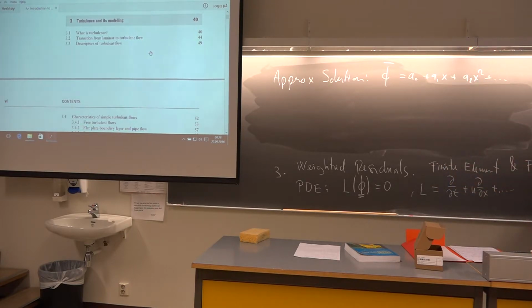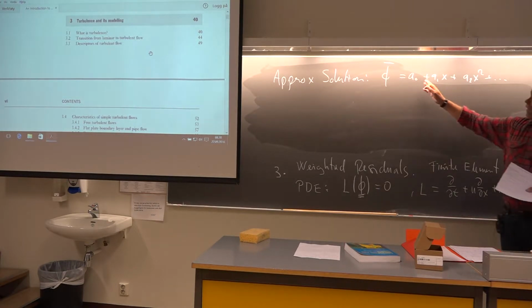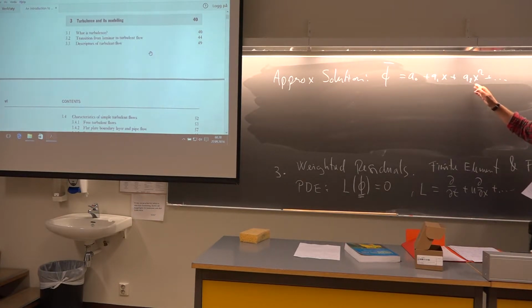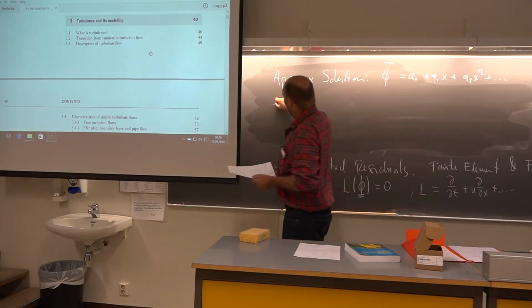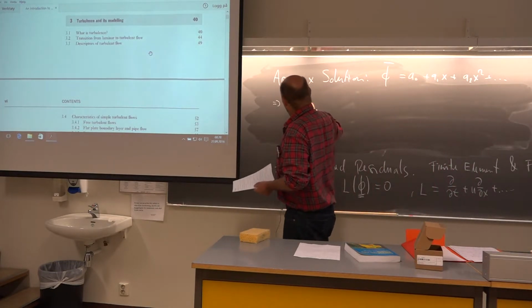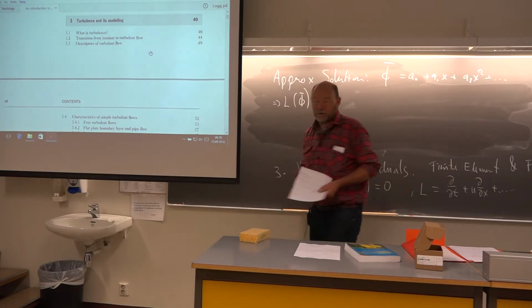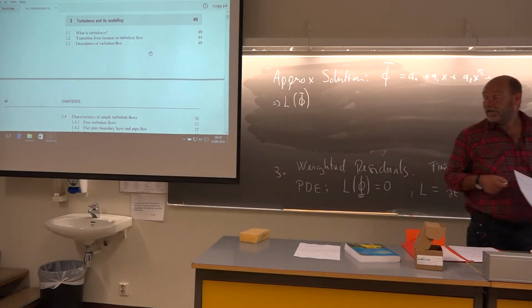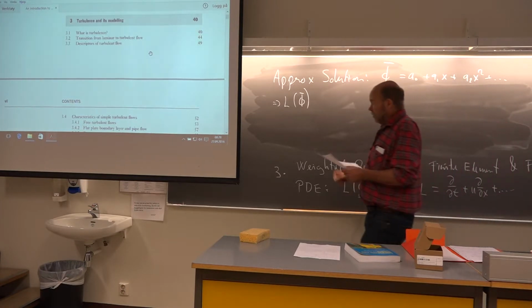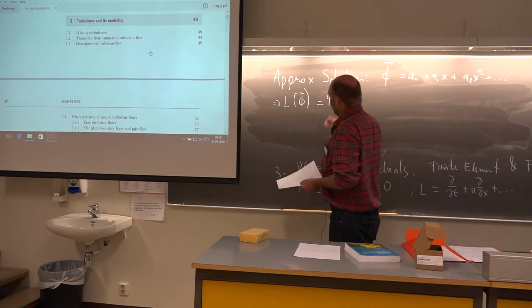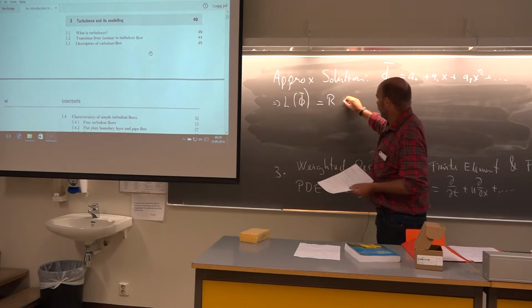So it's sort of given by a whole bunch of coefficients and some distance in a range. And if you now insert this approximate solution into the correct partial differential equation, you will get a residual. You will get something that is different from 0.